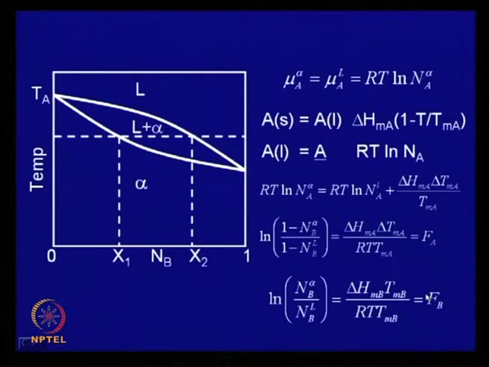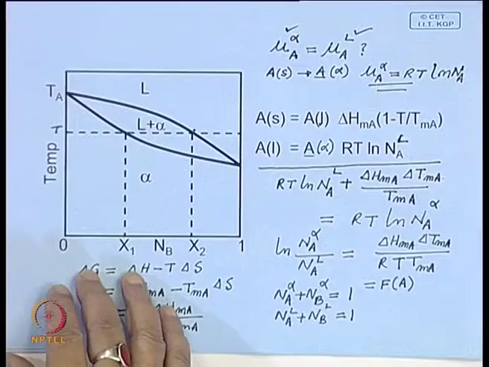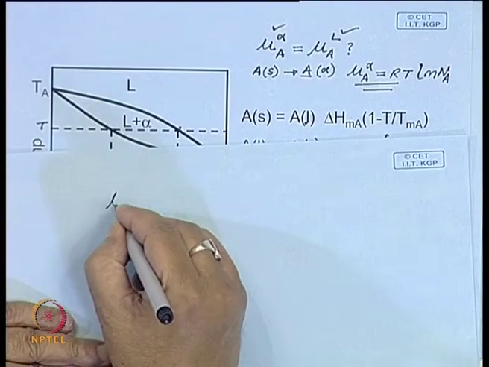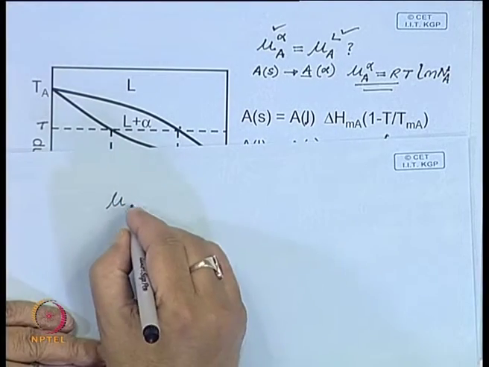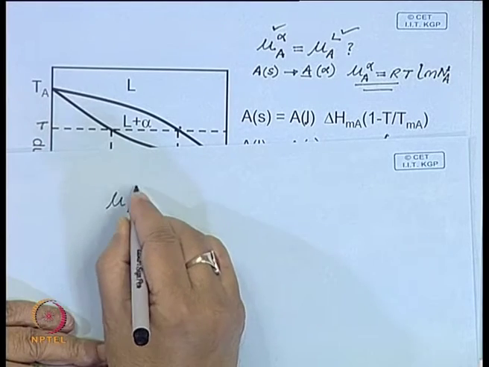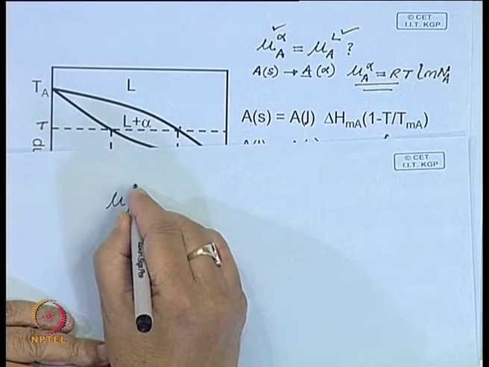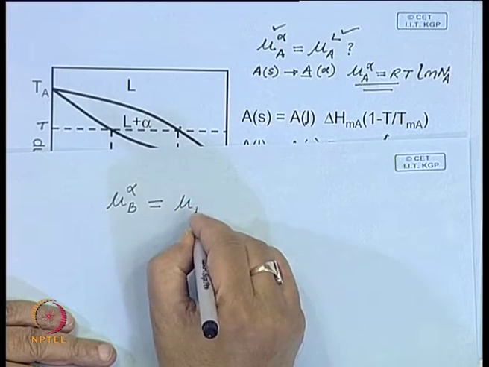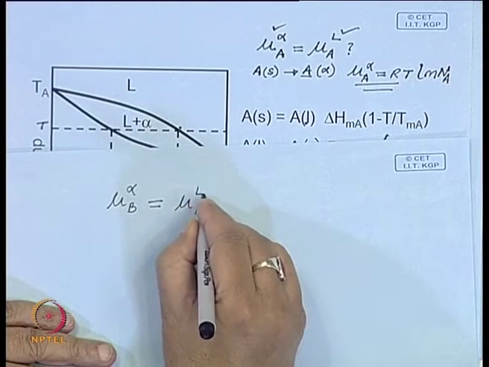This you can do in exactly the same way by equating the chemical potential of B in alpha and B in liquid.